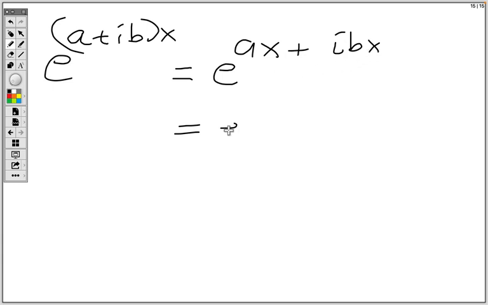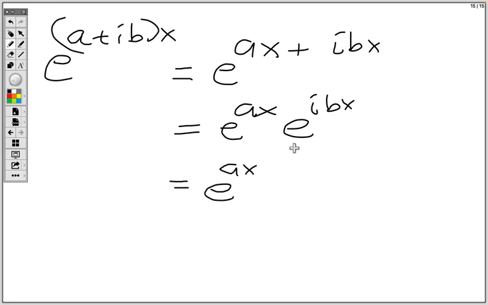So I could write this as e to the ax times e to the ibx. This is a real exponential, so that'll just stay out front. This is the complex exponential we can hit with Euler's formula. So we could write this as cosine of bx plus i sine of bx.